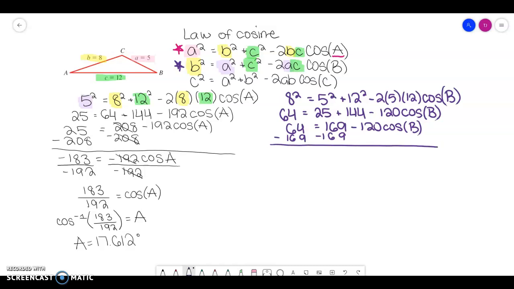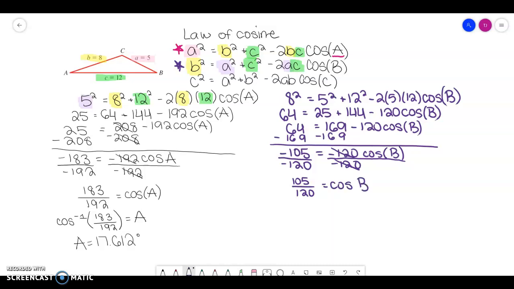And when I do that, I end up with negative 105 equals negative 120 cosine of angle B. All right, just like on the last example, using my algebra, I can go ahead and get rid of that negative 120 by dividing it out. Simplifies down, leaving me with 105 over 120 equals cosine of B.